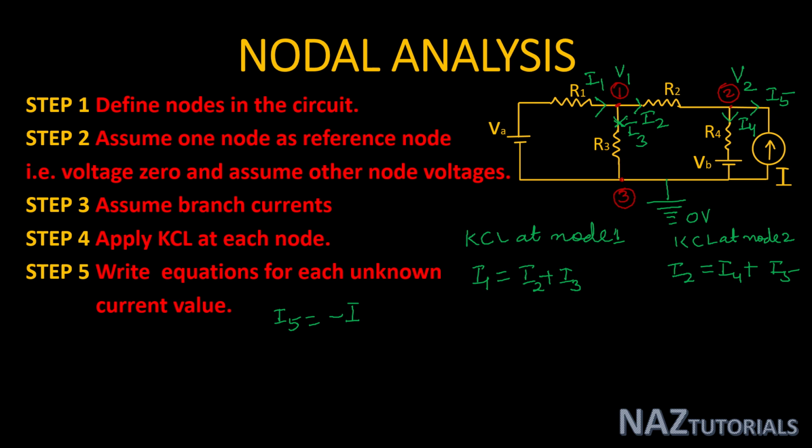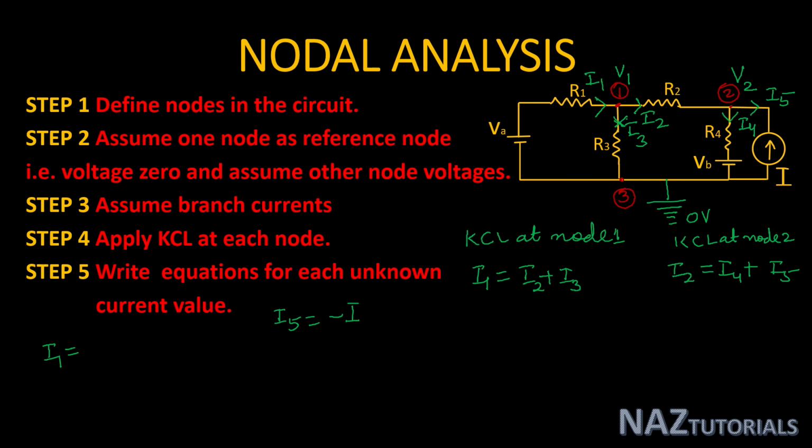Now let's see the equation for I1. I1 is defined as flowing from point 3 to point 1. So the potential difference for this branch current I1 is 0 minus V1.